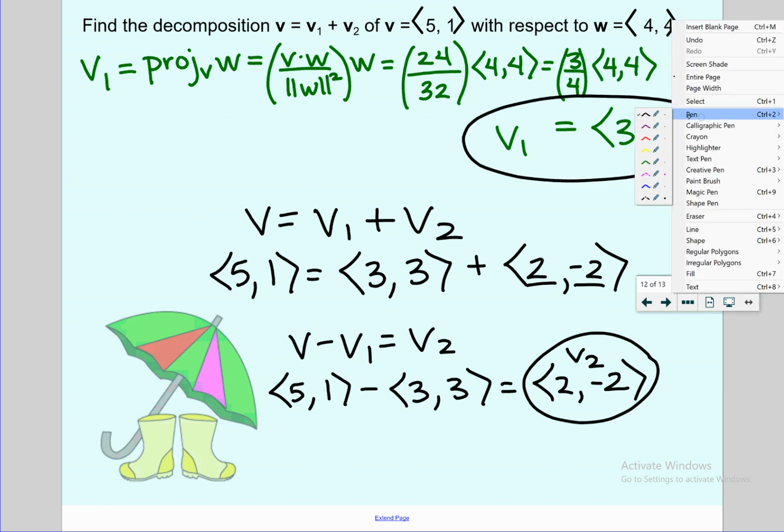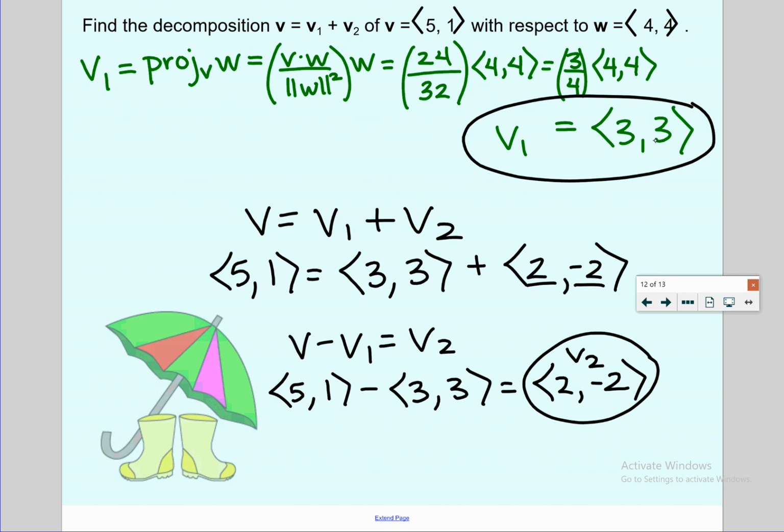If you want to check it, you can use the rules we used yesterday about parallel, perpendicular. 3, 3 will be parallel to w, and 2, -2 will be perpendicular or orthogonal to w. So like v2, if you take the dot product with w, you'll get a 0. You can see that one pretty quick. You're going to get an 8 and a -8. It's going to be 0.